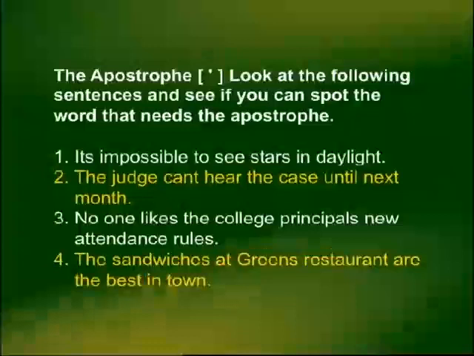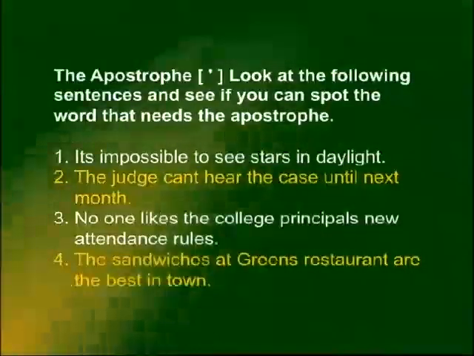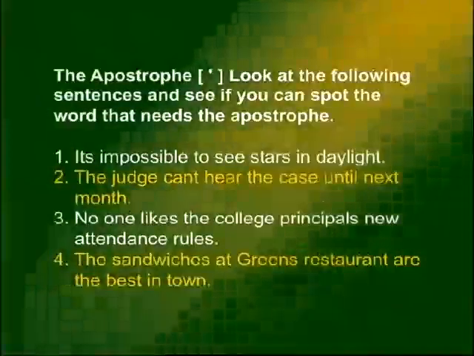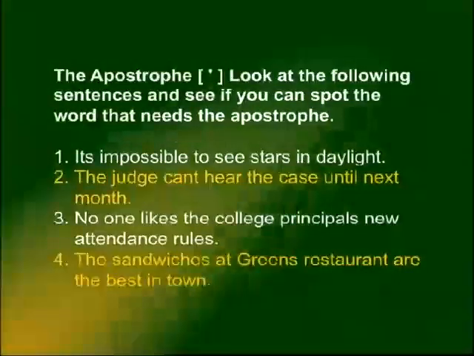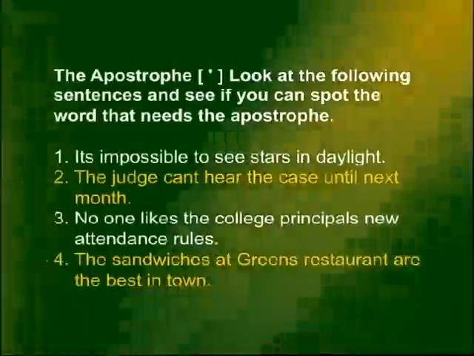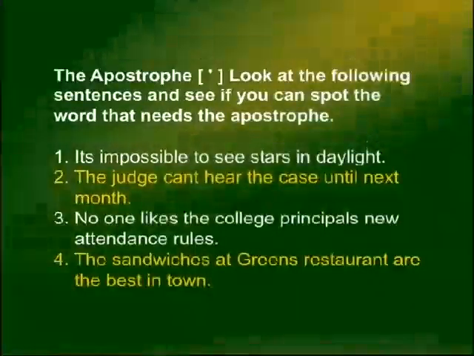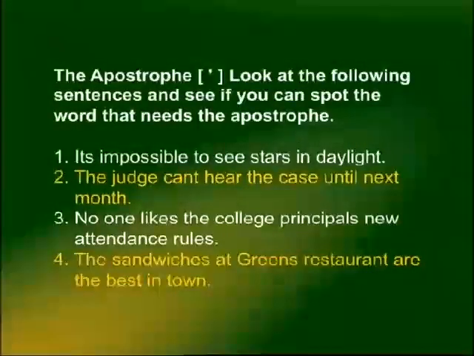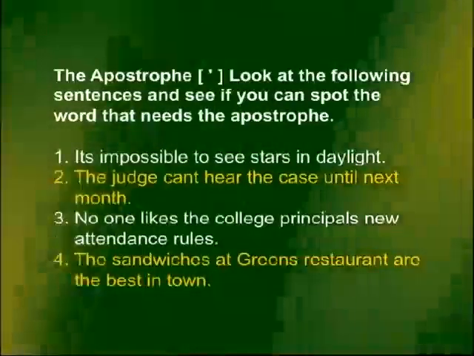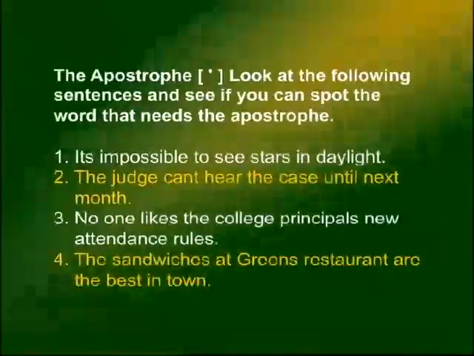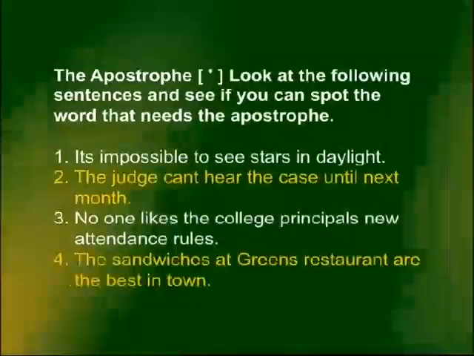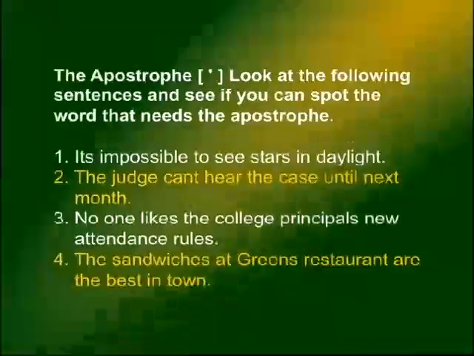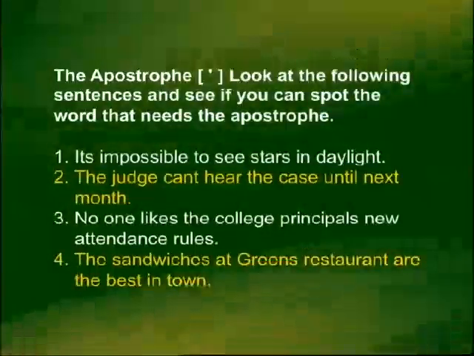Now, over there, you will have an apostrophe in the first word, it's, which is a contraction of the words it is. The apostrophe takes the place of the letter I, which has been dropped. It's impossible, meaning it is impossible. So over there, it's is being used as a contraction.